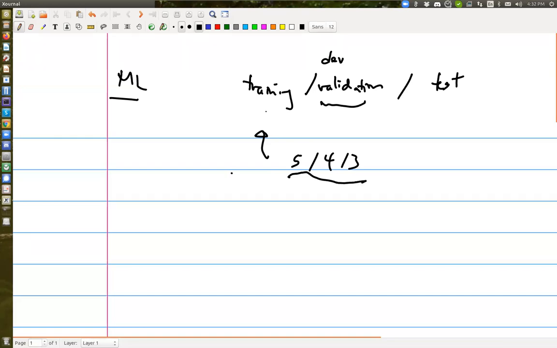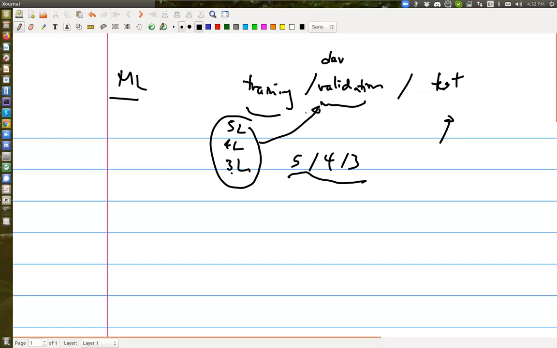I don't want to use my training data to select which one is better because it will be biased. And I also don't want to use my test data to do that. So after I train, maybe I have a 5 layer model, a 4 layer model and a 3 layer model, and I will evaluate these models with the validation set.